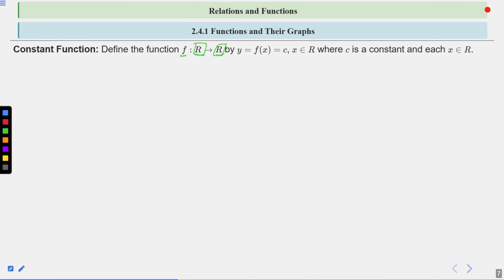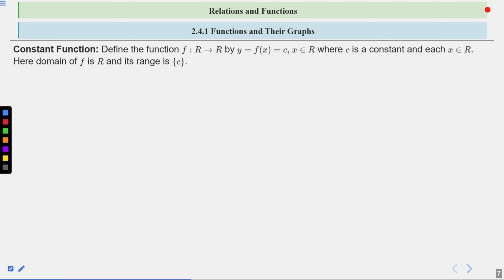Defined by y, which is f(x). f(x) = c, where x belongs to the set of reals and c is some constant. Clear? So simply, how are my x and y related? Quite simple, whatever the input, the output will always be the constant c. Clear?